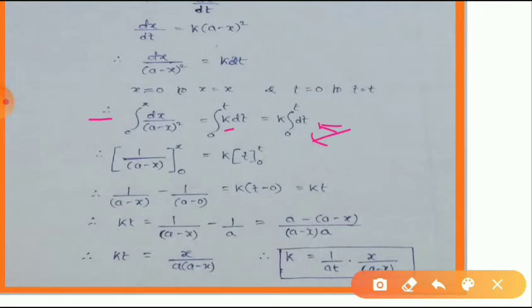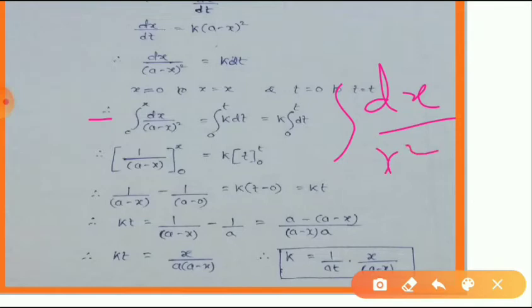In integration we know that the integration of dx upon x square is 1 upon x.